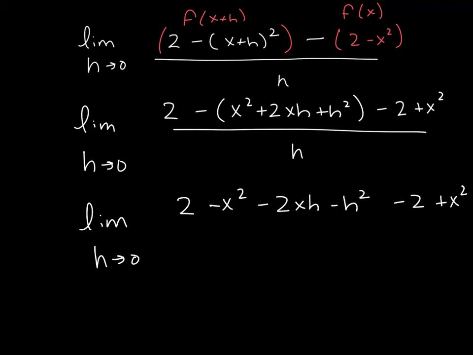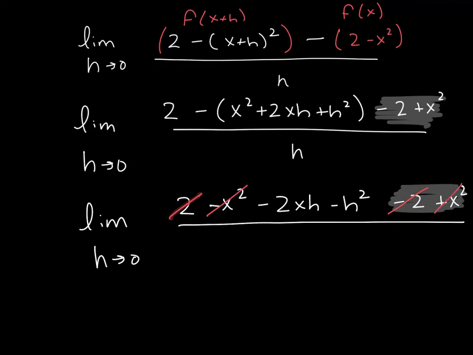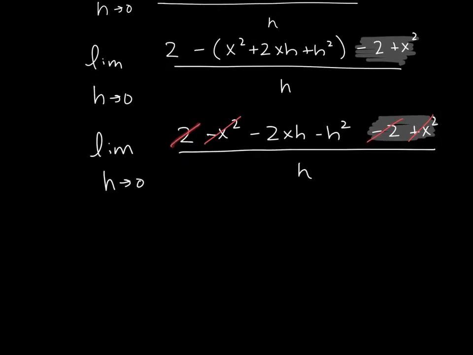Now something to note, this portion of the minus f of x will always cancel out with the beginning portion of your function. So the 2 minus 2 is 0, and negative x squared and x squared are 0. And this is all divided by h.